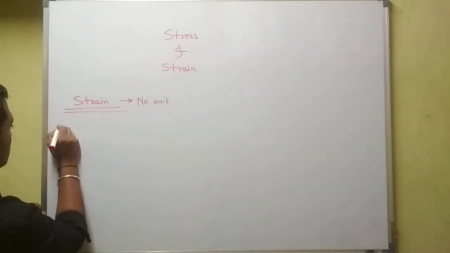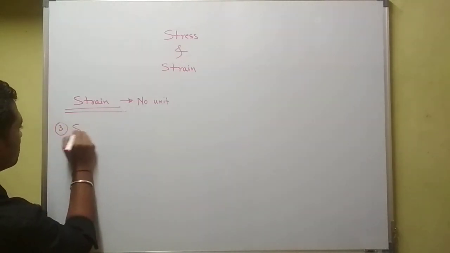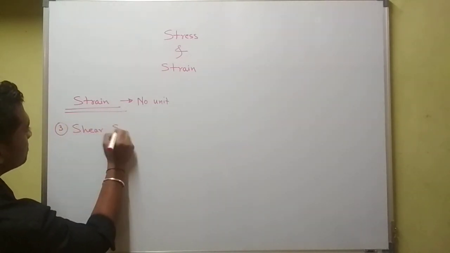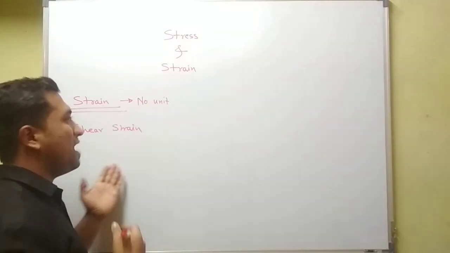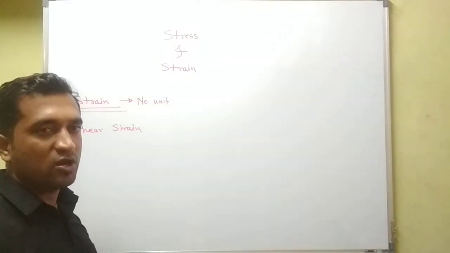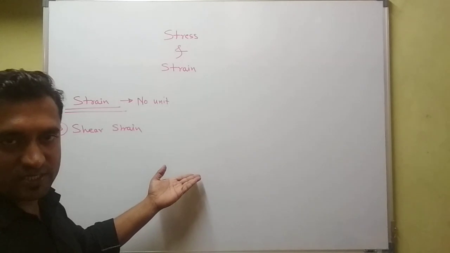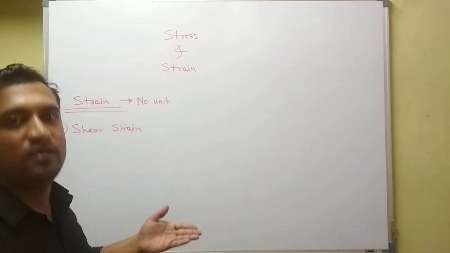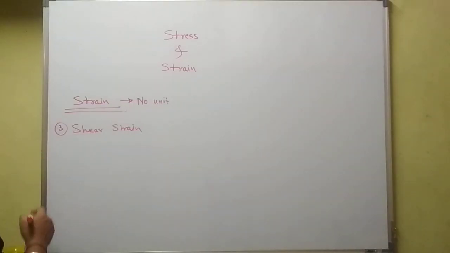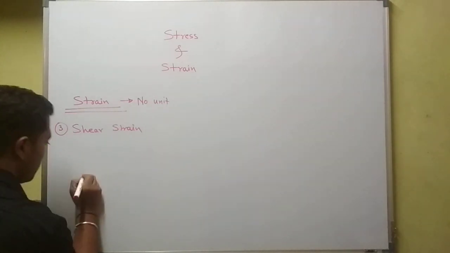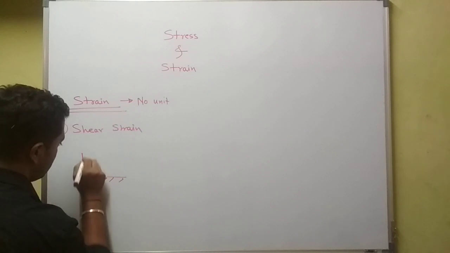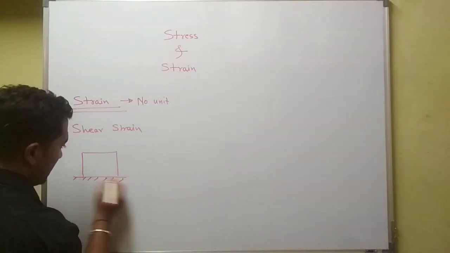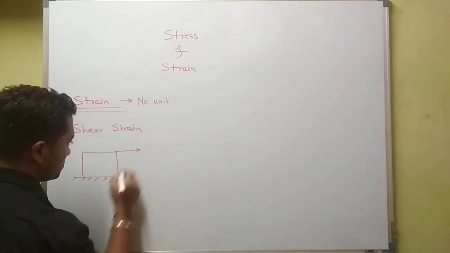In the same way, the third one is shear strain. Whenever you apply a shear force on a body, the change to its original length is called shear strain. Now we'll take one body like this, fixed at the bottom. Apply the force.